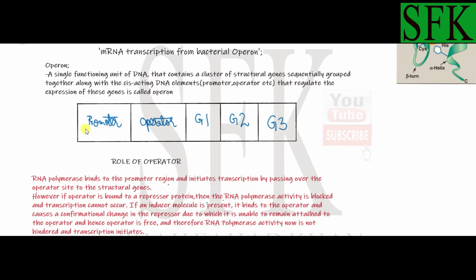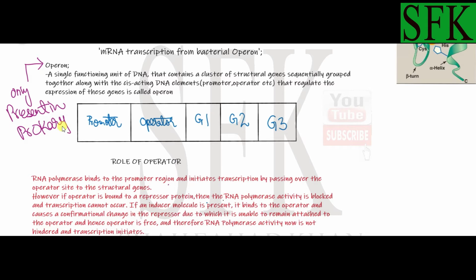The regulatory sequence usually contains two parts, the promoter region and the operator region, and we are going to talk about both of them in detail. One thing: operons are only present in prokaryotes. They are not present in eukaryotes.